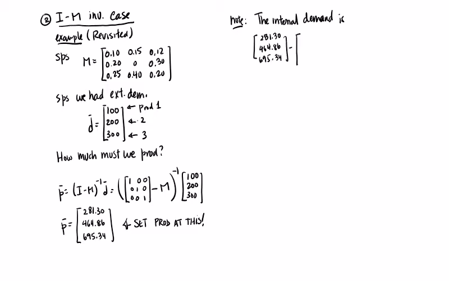You subtract the stuff that's going externally, and if you look at this result, this is 181.30, this is 264.86, this is 395.34. This is all being used internally. I'm not saying it's good or bad, I'm just saying that's an interesting fact, right? The 100, 200, 300 gets sent out. This is all chewed up internally as part of the process.